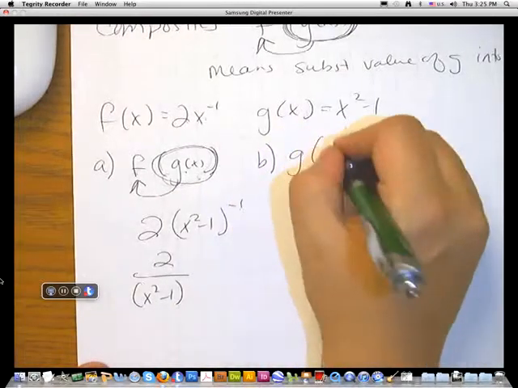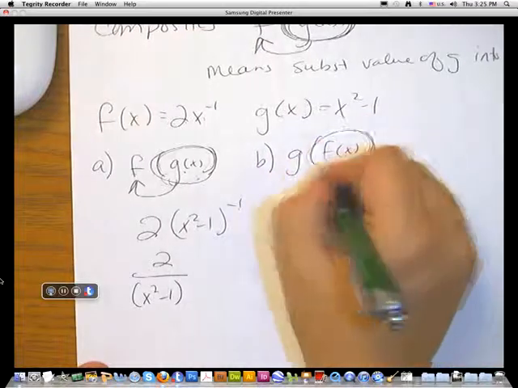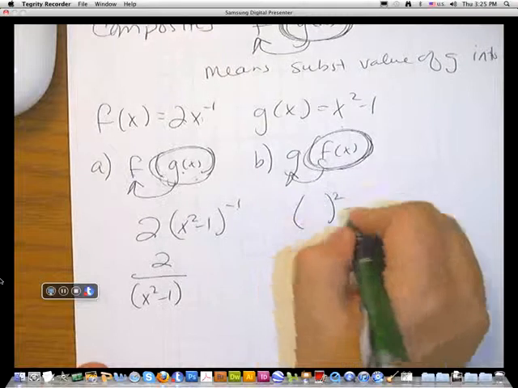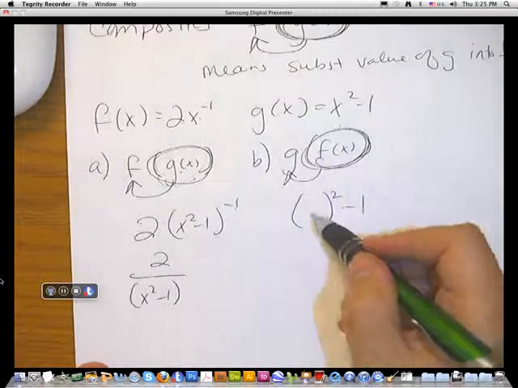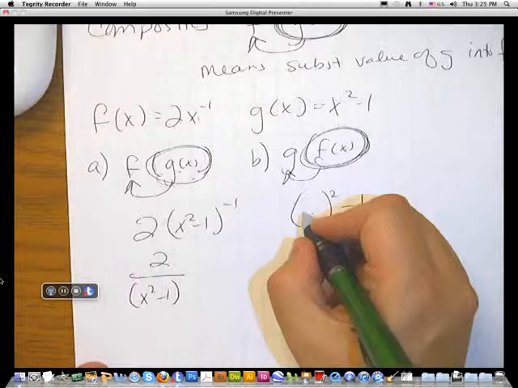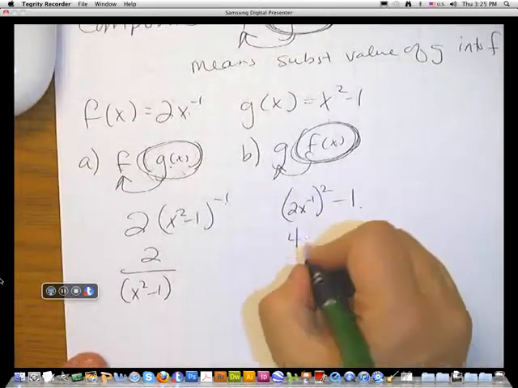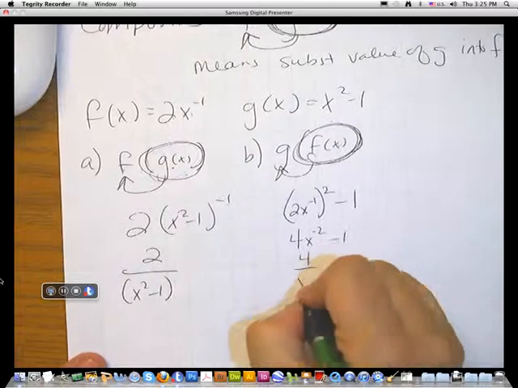So if I reverse this and do g of f of x, it means I'm going to put f into the g equation. Well, the g equation is something squared minus 1. That something is f, 2x to the negative 1. Do some simplifying, we get 4x to the negative 2, so 4 over x squared.